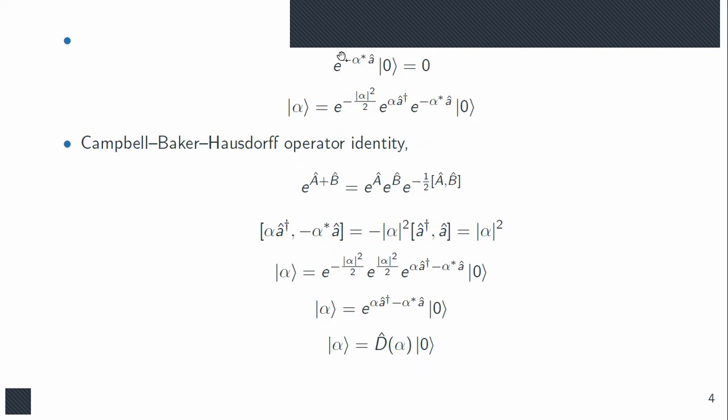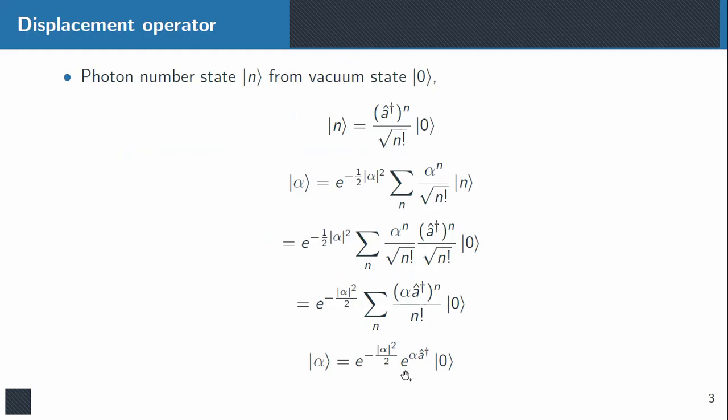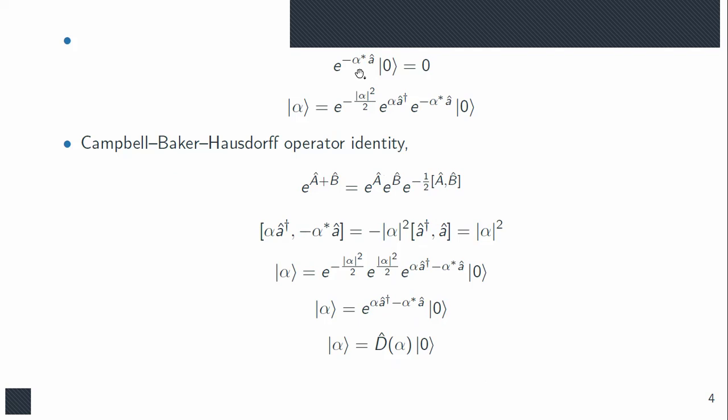So we can introduce the exponential of the annihilation operator in order to make this operator identity an exponential operator and unitary, so that it is physical. Combining this exponential operator with it, we are going to have this.